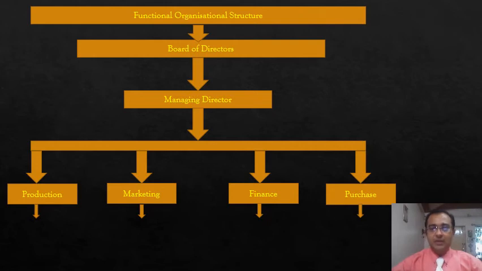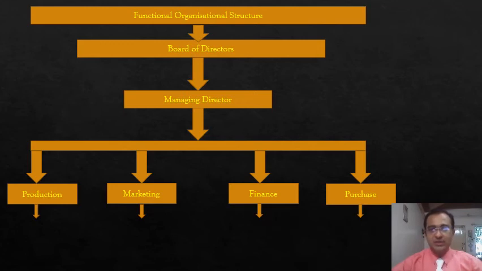Students, if there are this many departments presented here, it doesn't mean that an organization will perform only this many functions. This is the simplest and generalized example. The company may have more departments than these also.